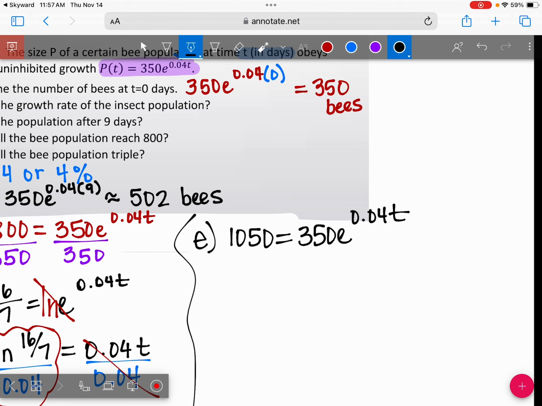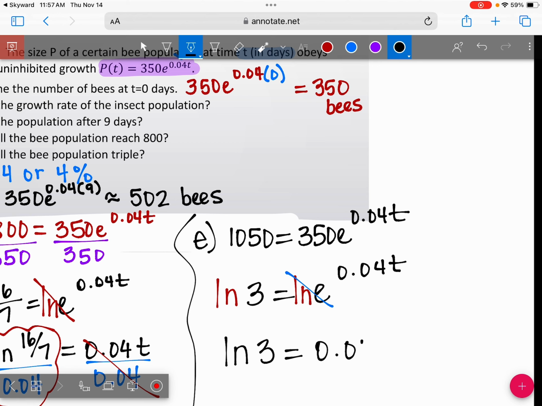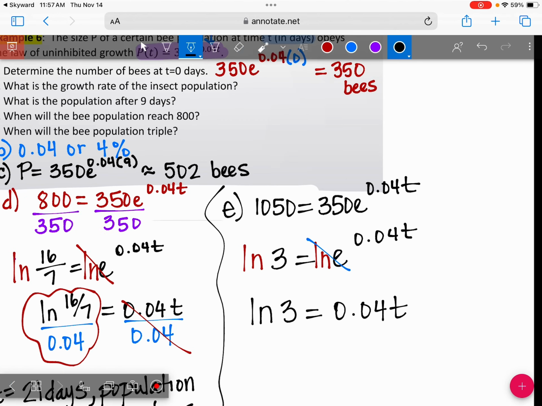What's our first step going to be? Divide both sides by 350. Then you'll have 3 equals e to the power of 0.04 t. Enter in the natural log, and that gives you the natural log of 3 equals 0.04 t.